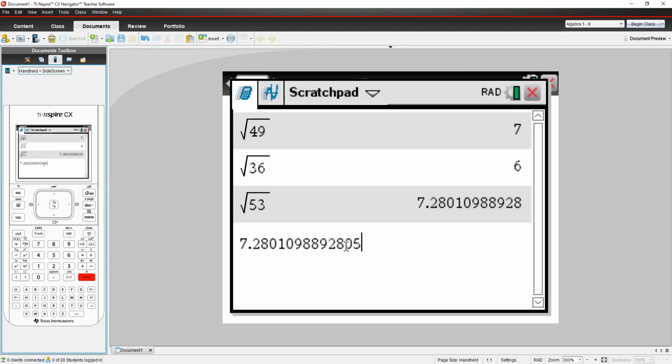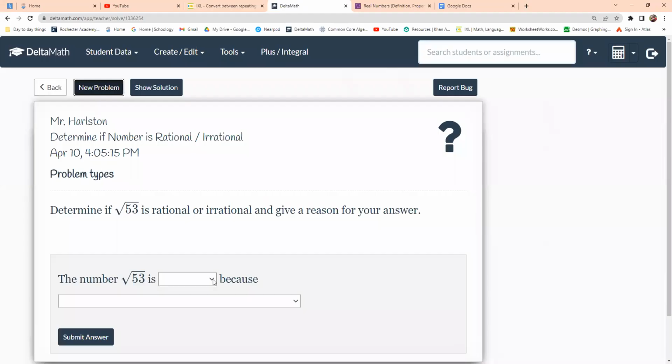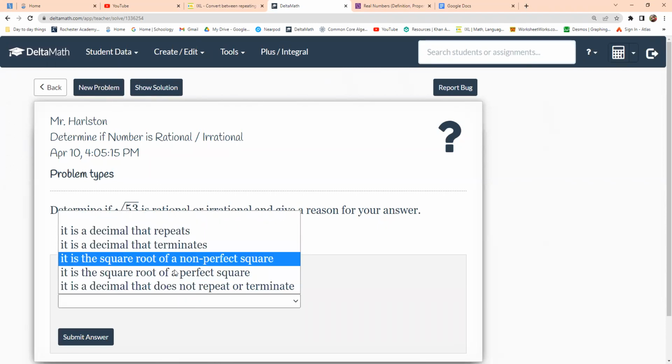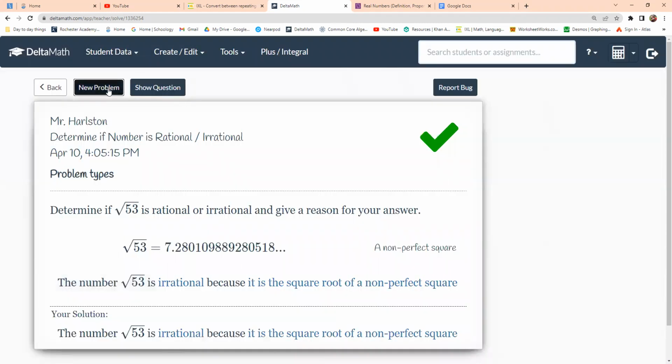This is a bunch of random digits after the decimal place. And even though the calculator ends at 5, the number actually goes on forever. So we would say that this is irrational. And the reason is because this number under the square root is not a perfect square. So we would say that's a non-perfect square. And then you would submit it.